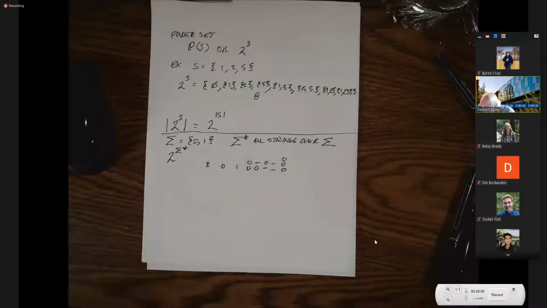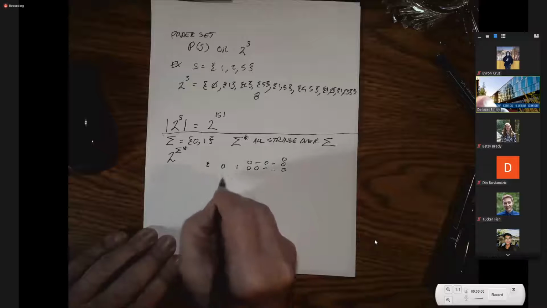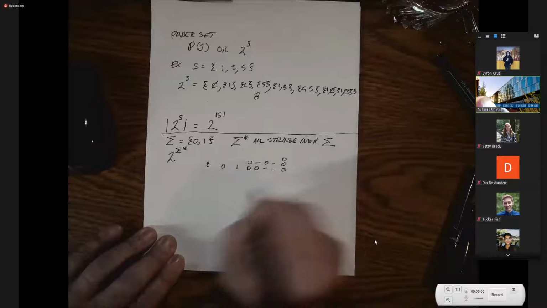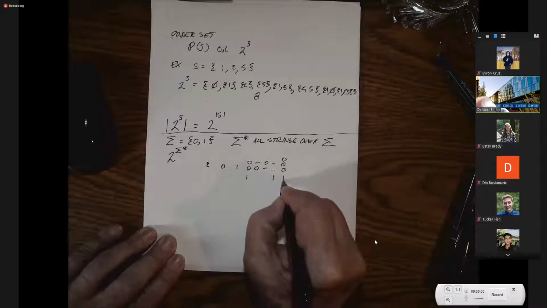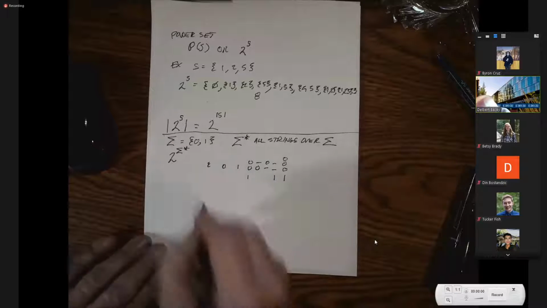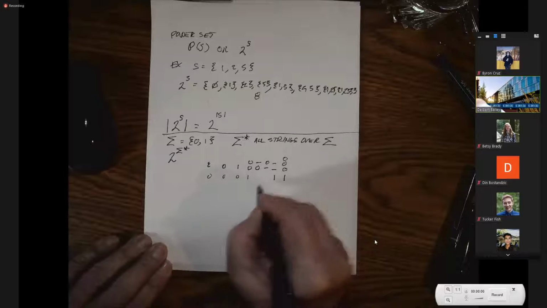Now I can represent a subset of this by just marking the strings that are in the subset, right? Like say it's got this in it, and it's got this one in it, and it's got this one. Doesn't have this one, doesn't have this one, doesn't have this one.